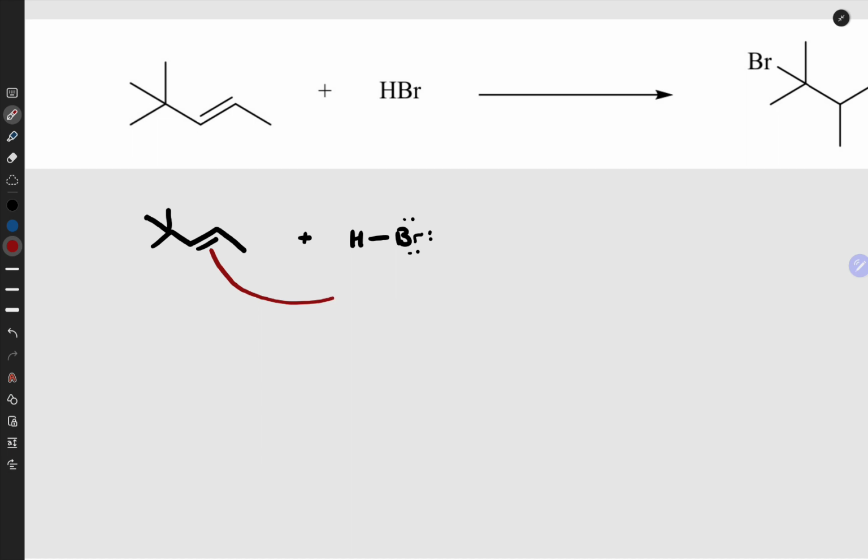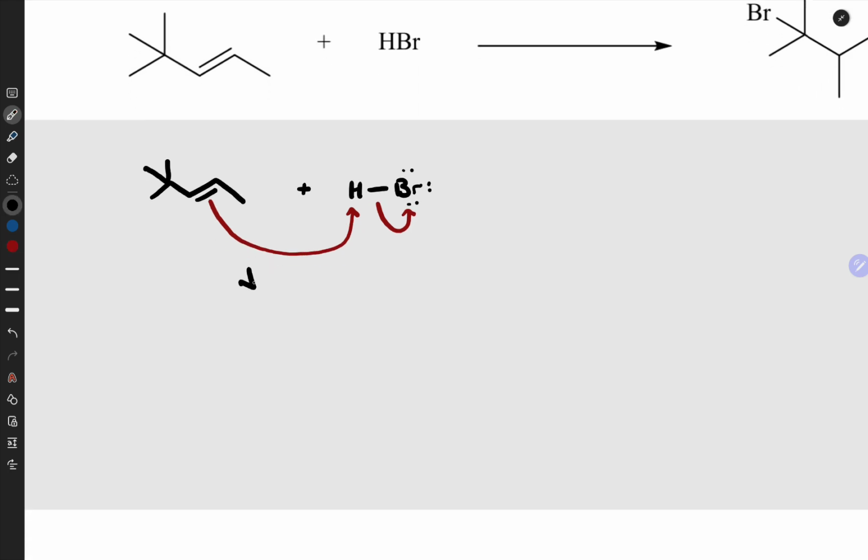The electrons from this double bond, or from this alkene, I should say, will reach out to grab the hydrogens off of this hydrogen bromide, and that will push the electrons from connecting hydrogen to bromine back onto the bromine.